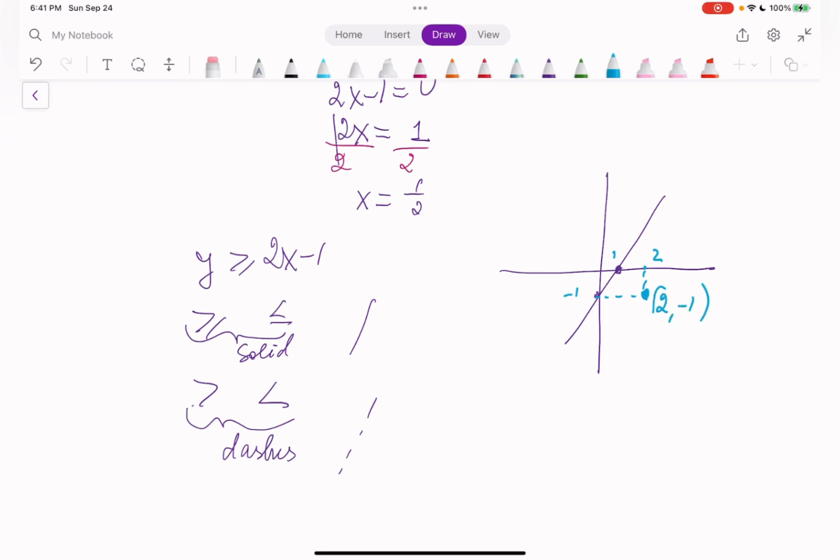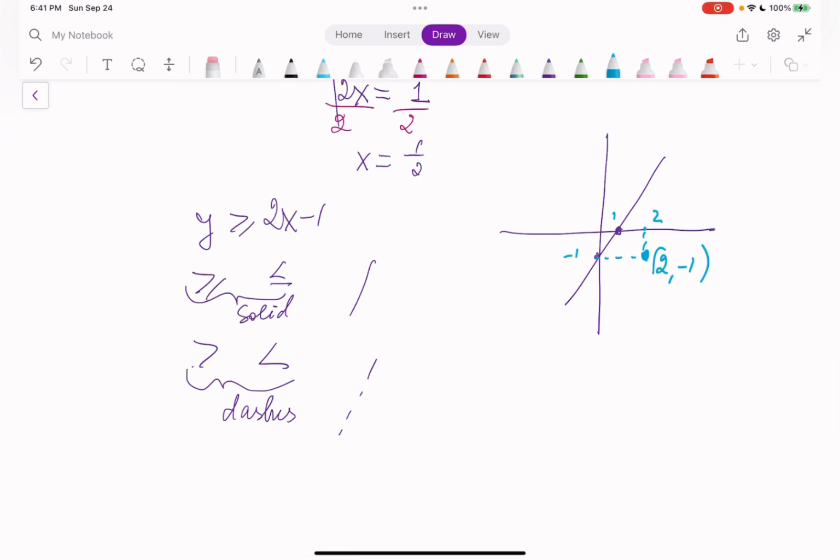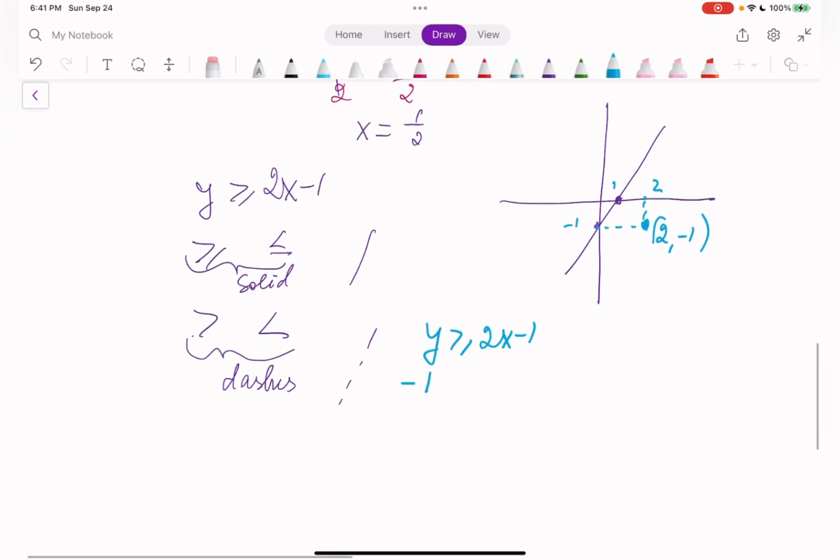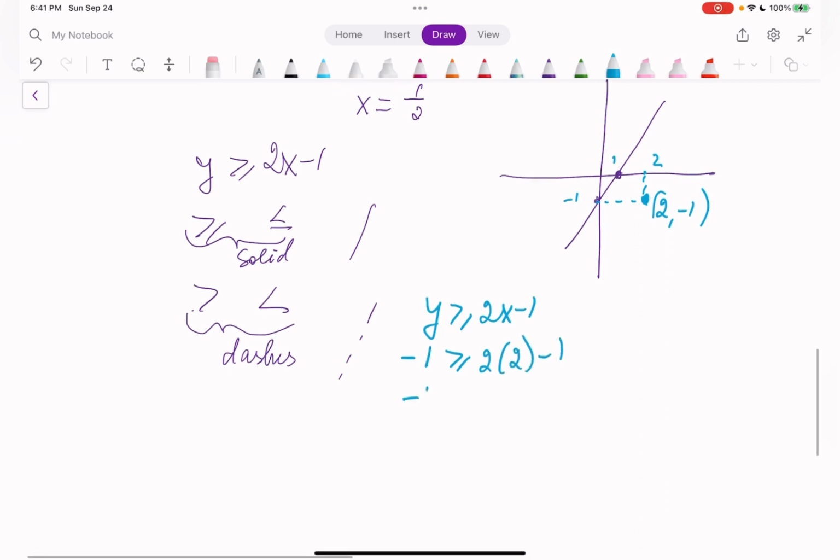Let me plug it into y is greater or equal to 2x minus 1. So with 2 and negative 1, y is negative 1, greater or equal to 2 times 2 minus 1. What do we get? 2 times 2 is 4, minus 1 is 3. Is this case true? Is negative 1 greater than 3?